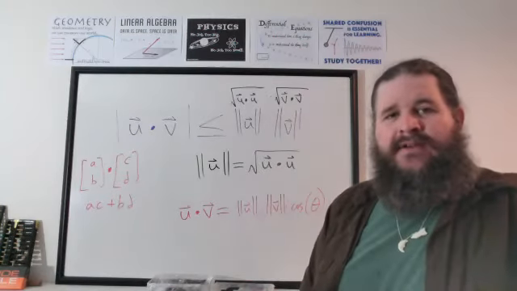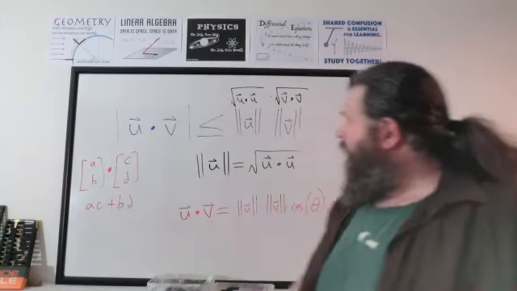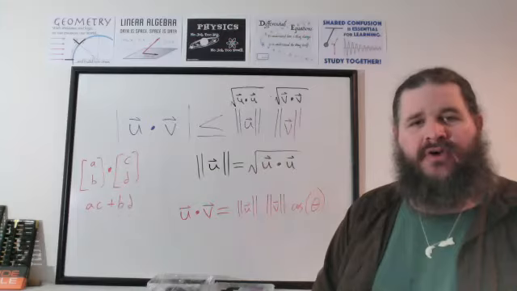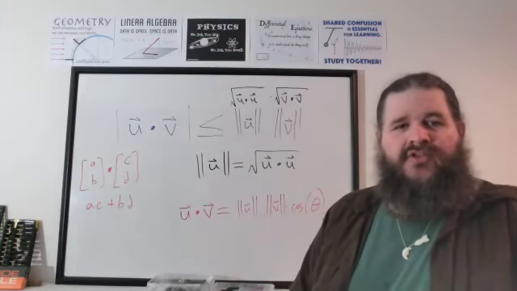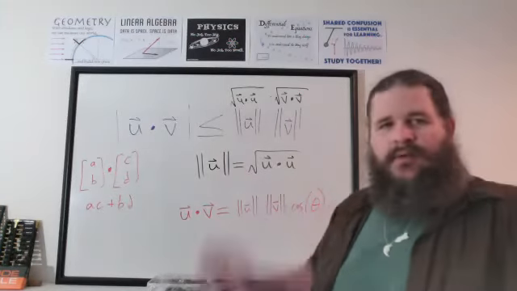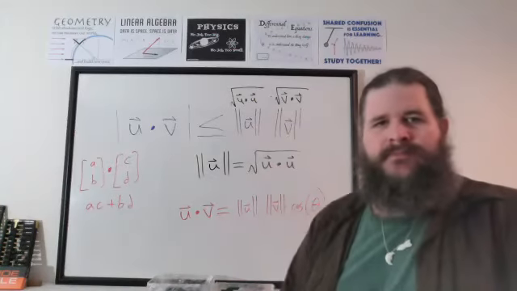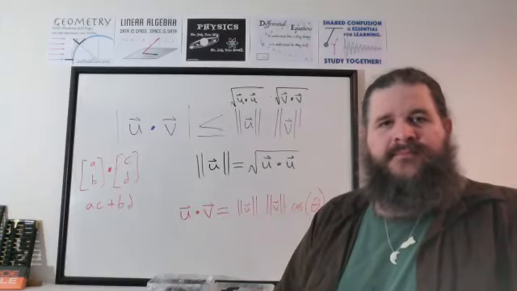You can expand it and simplify and show that this one cannot be more than this one, because this one ends up having some extra terms. Worst case scenario, those extra terms cancel out and these end up being equal. But if those extra terms do not cancel out, then this side is larger. That's algebraically the reason why that works the way it does.